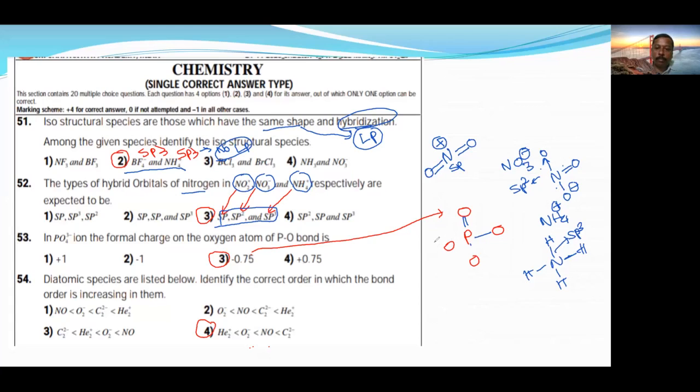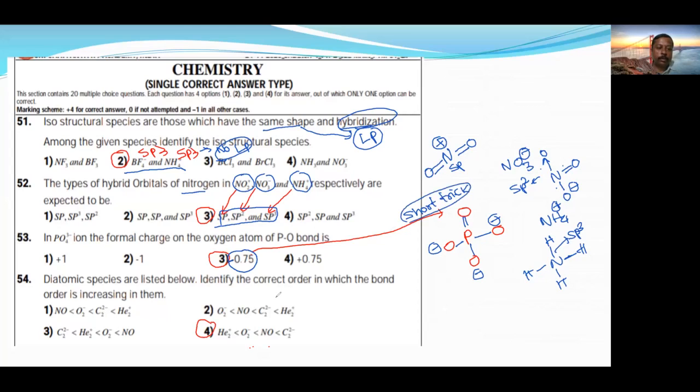So the formal charge, if you distribute it among the 4, each one will get 0.75, and oxygen is more electronegative, therefore it is minus 0.75. So this is the answer, and this you can say is a short trick to understand the answer very fast.